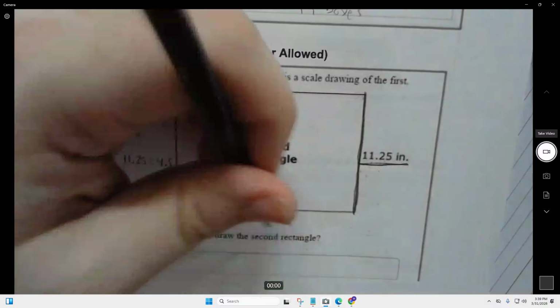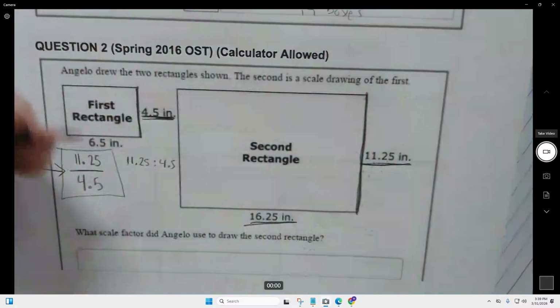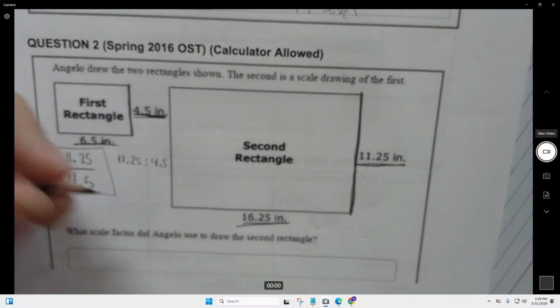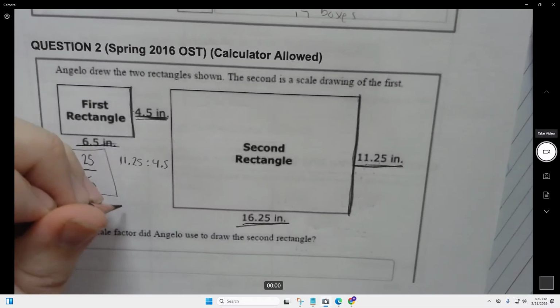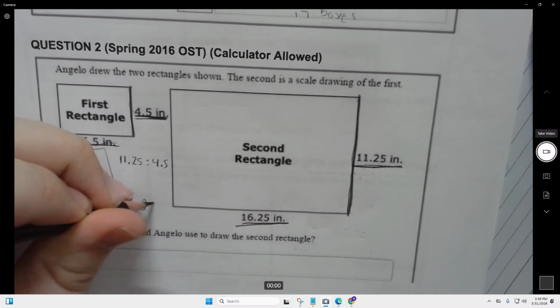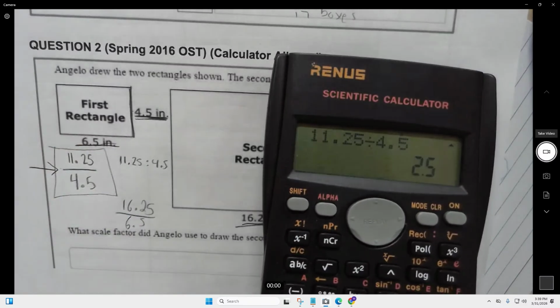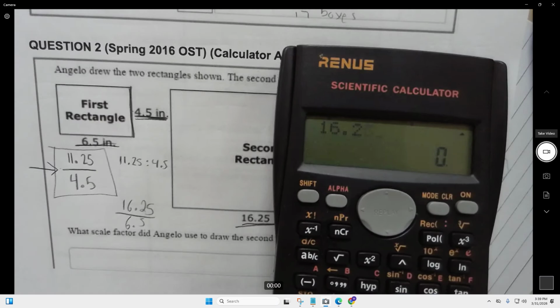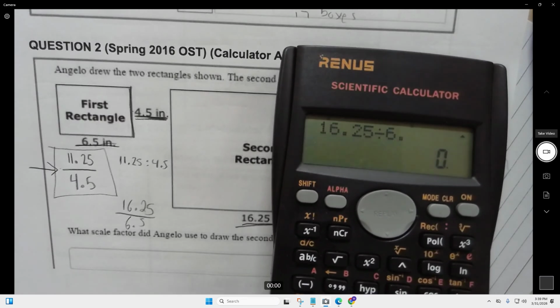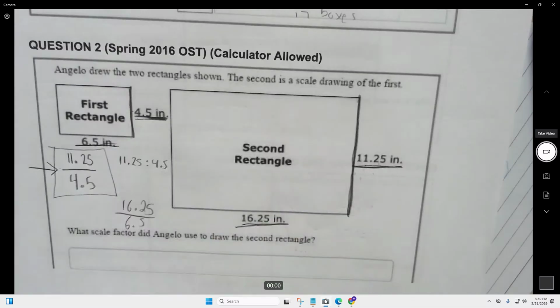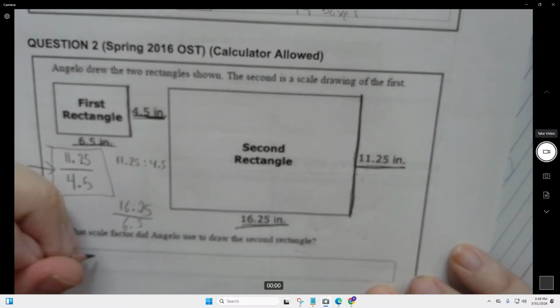Now, if this is correct, then the ratio for 16.25 and 6.5 will also be 2.5. Let's check. 16.25 divided by 6.5 is also 2.5. So we're all good. What scale factor? 2.5.